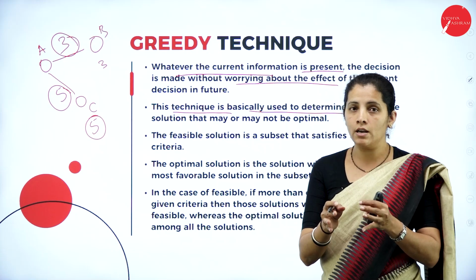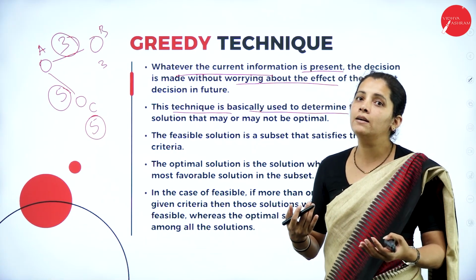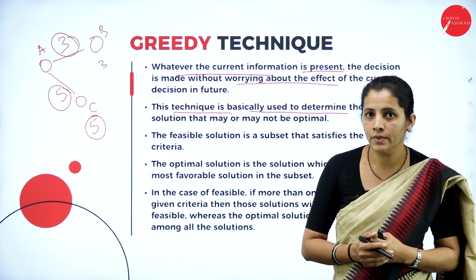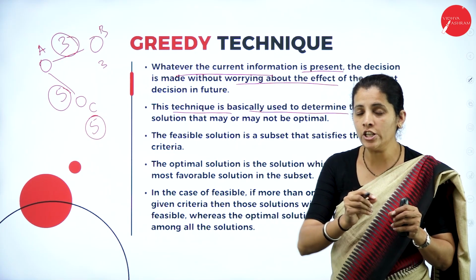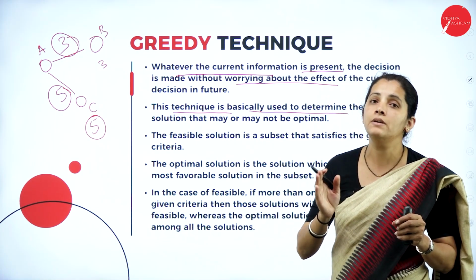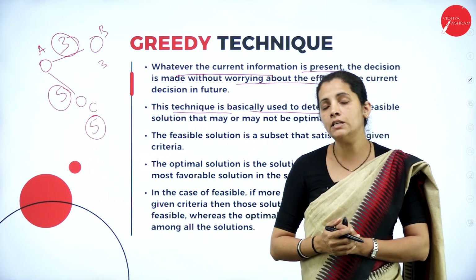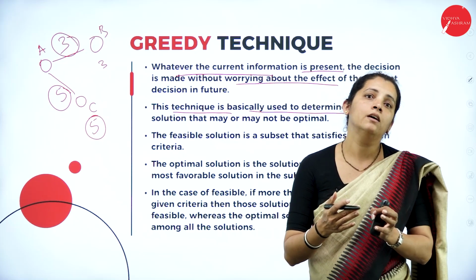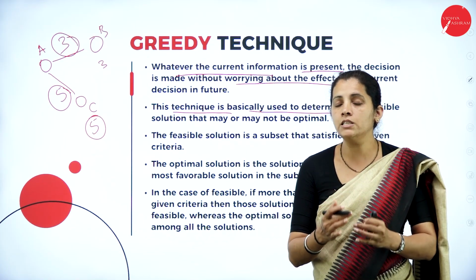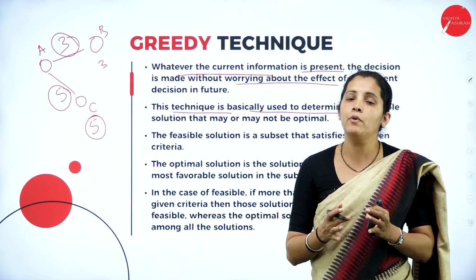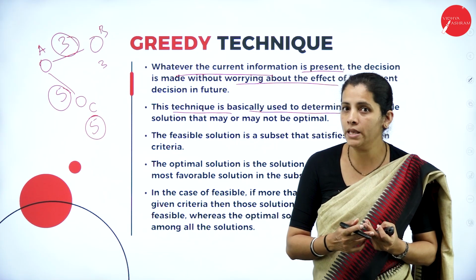So I have the solution: either I can go with a non-technical course, or a medical course, or a technical course. If my percentage is more than 90, then I can go with the medical field. If my percentage is above 80, then I can go with the engineering field. If my percentage is only second class, that is above 50, then I can go with BBA, BCom or BA.